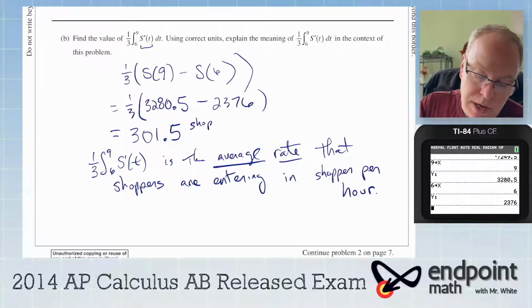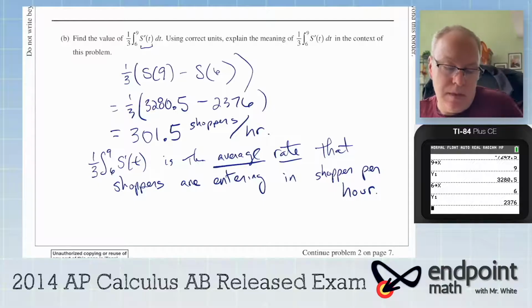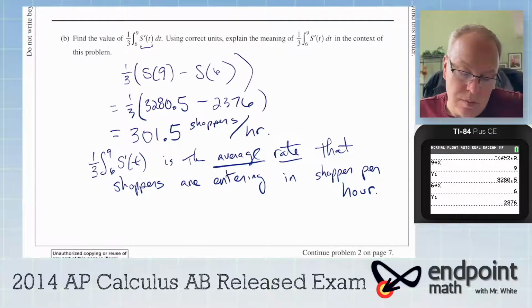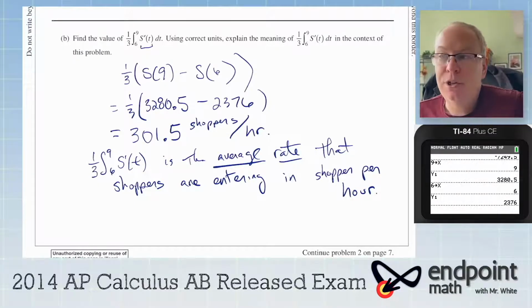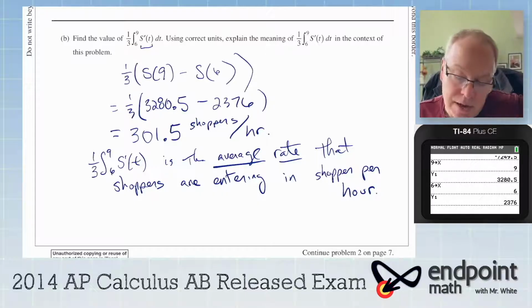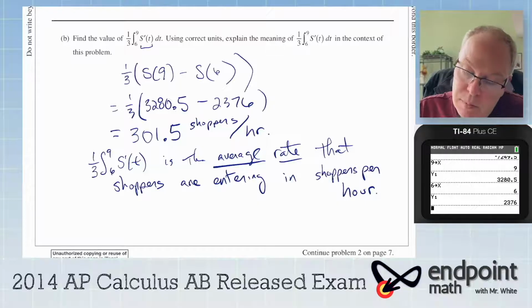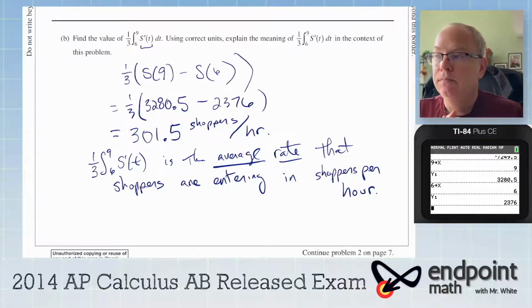So if you want to put shoppers per hour up here, that should do it. So it is the average rate that shoppers are entering the store in shoppers per hour. Okay, so I'm just checking my work to make sure I got everything, and it looks like we did. We got it. That's all we have to do there.